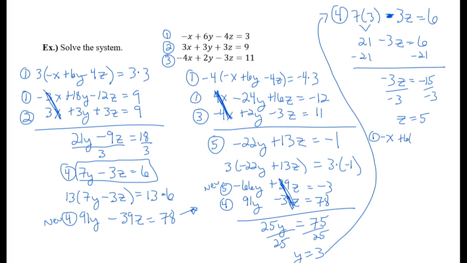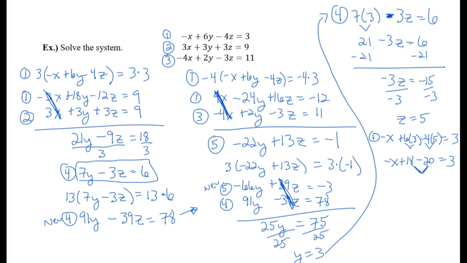I know y was 3. I know z was 5, and that will equal 3. So multiplying, I have negative x plus 18 minus 20 equals 3. So 6 times 3 is 18. Negative 4 times 5 is negative 20.